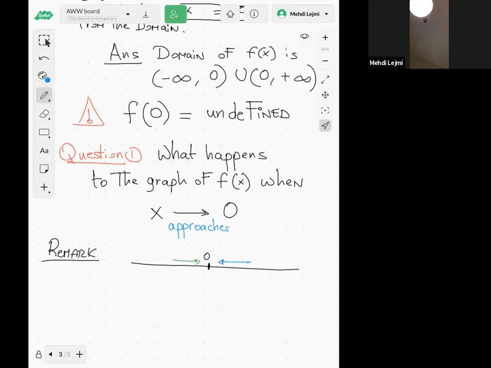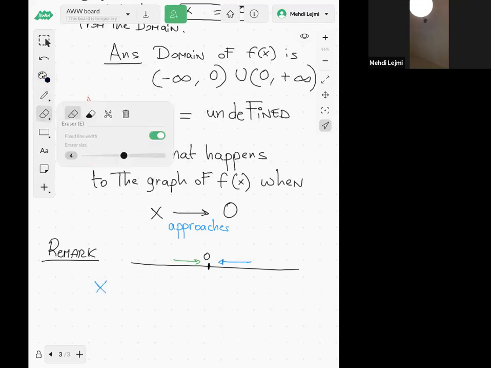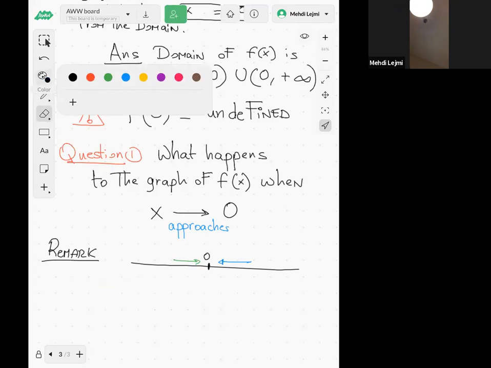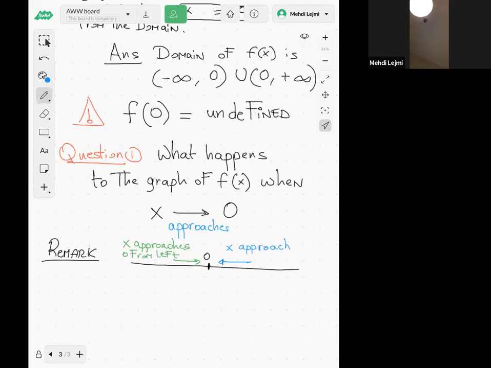We're going to distinguish between these two cases. So here, x approaches 0 from the left, and here, x approaches 0 from the right.